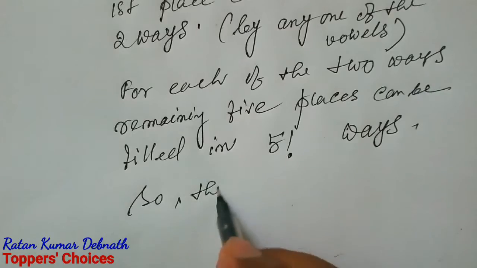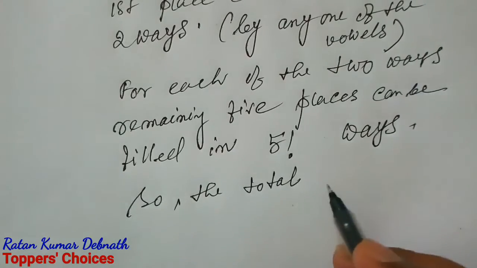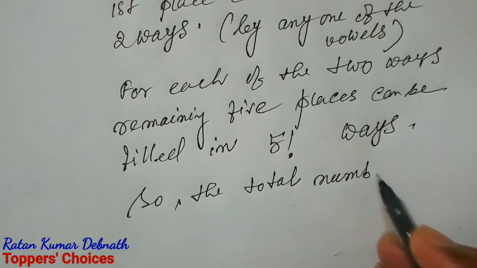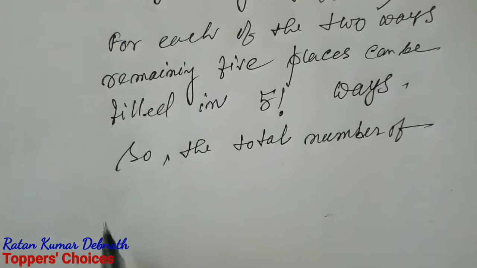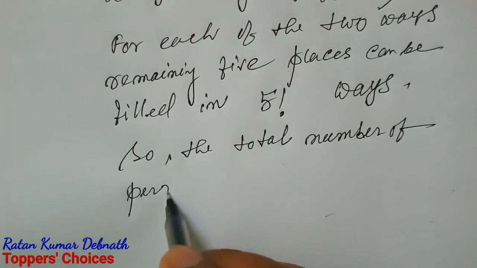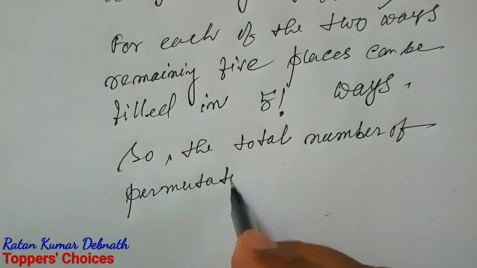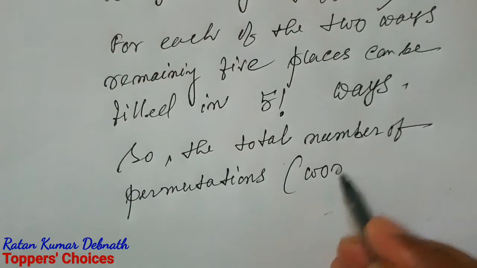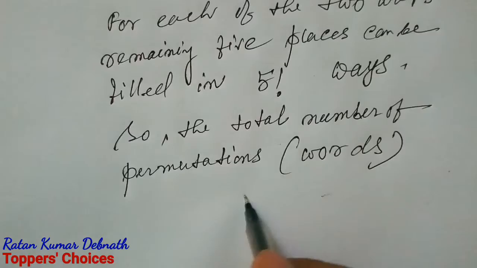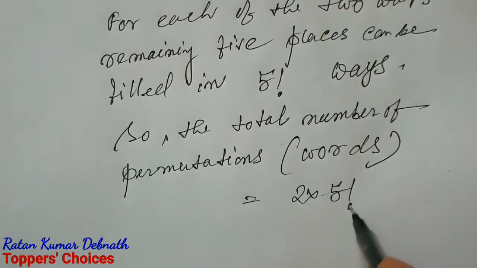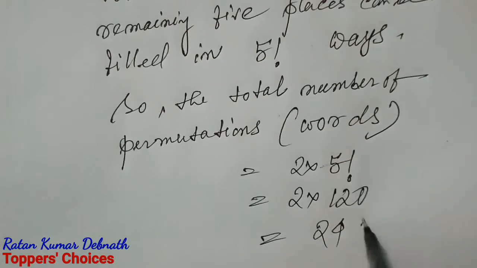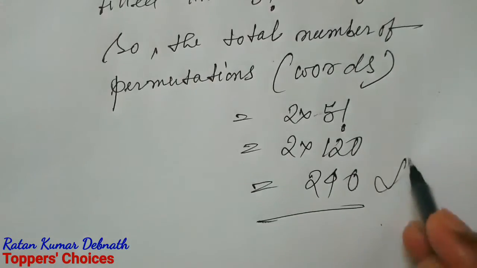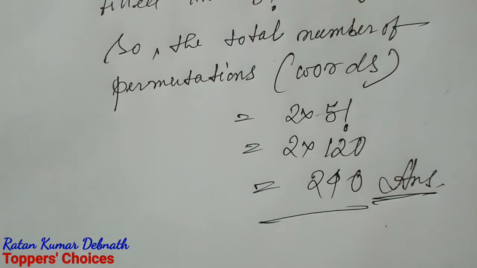So the total number of permutations, that is words, equals 2 into 5 factorial, that is 2 into 120, which equals 240. So 240 is the answer for the third part of this sum.